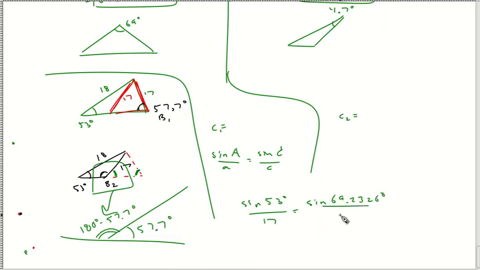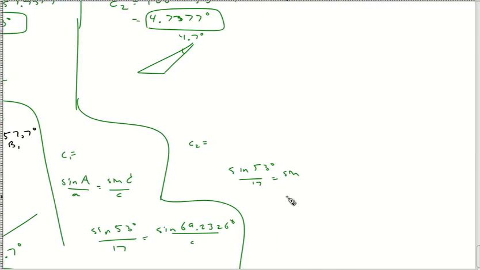It's almost 70, isn't it? Then we have a little c. I guess I'm just going to keep on doing that. On this side, though, I've got the same thing almost, except that my angle's changed. What's my angle on this side for c? What's my angle for c over here? Very good. It's 4.7.